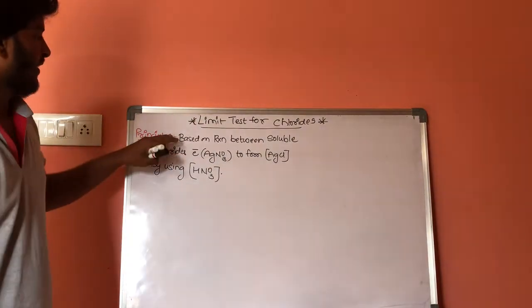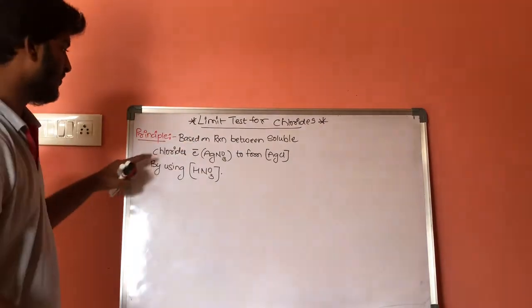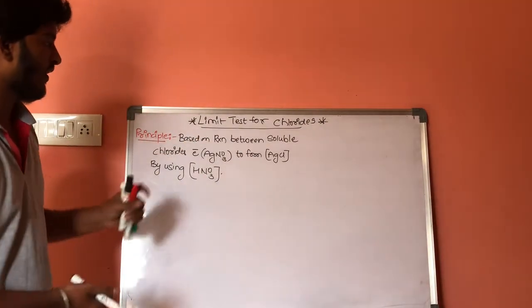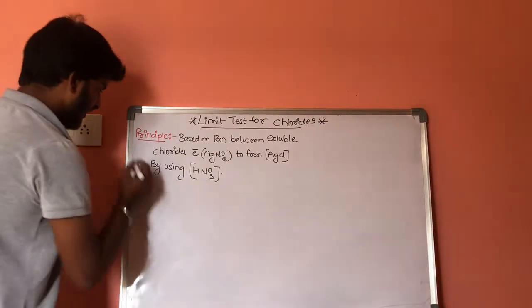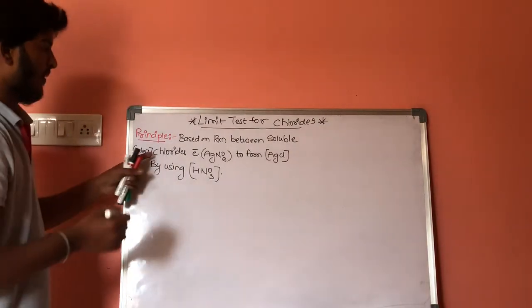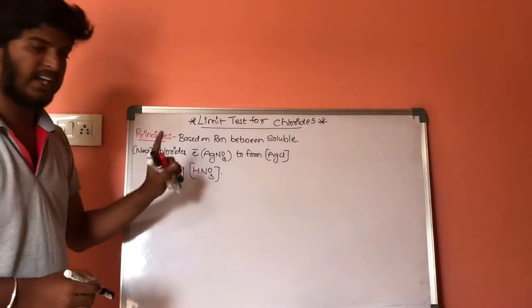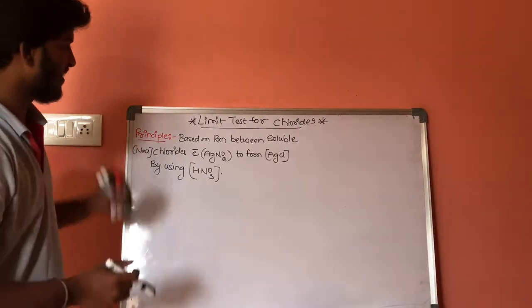That is, the limit test of chlorides is based on the reaction between soluble chlorides, the soluble chloride used here being NaCl, with silver nitrate to form AgCl by using dilute nitric acid. This is the principle.